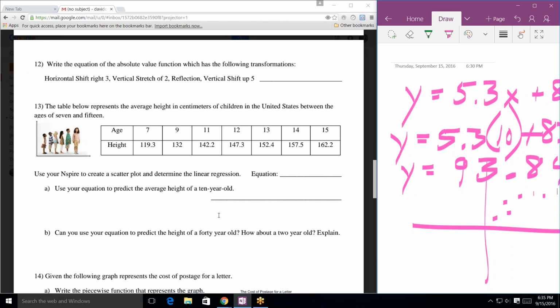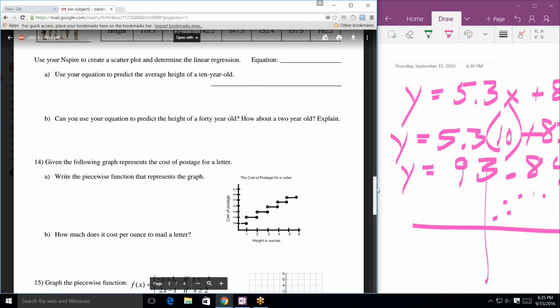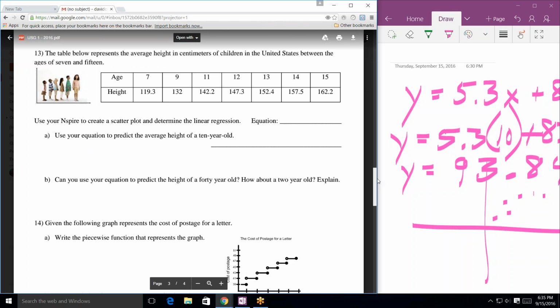And therefore, you cannot use this linear equation that we came up with to predict 40-year-olds or 2-year-olds. And at what point you can't use it, I don't know. I don't know if they'd have said, how about a 4-year-old? Well, maybe it works on 4-year-olds.